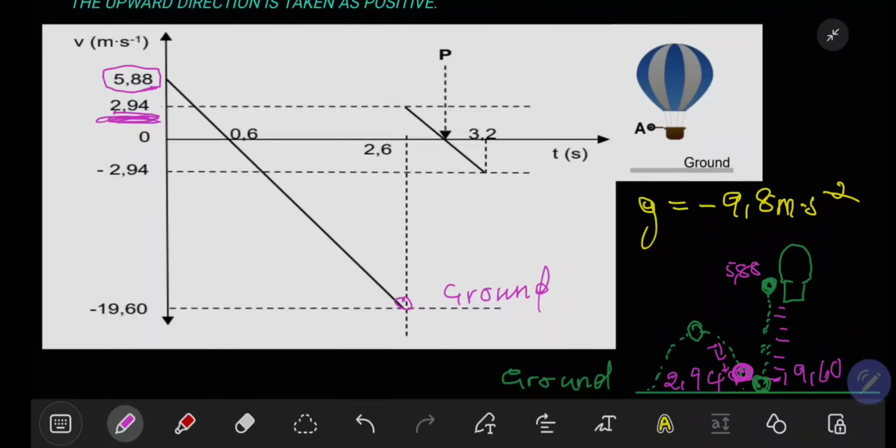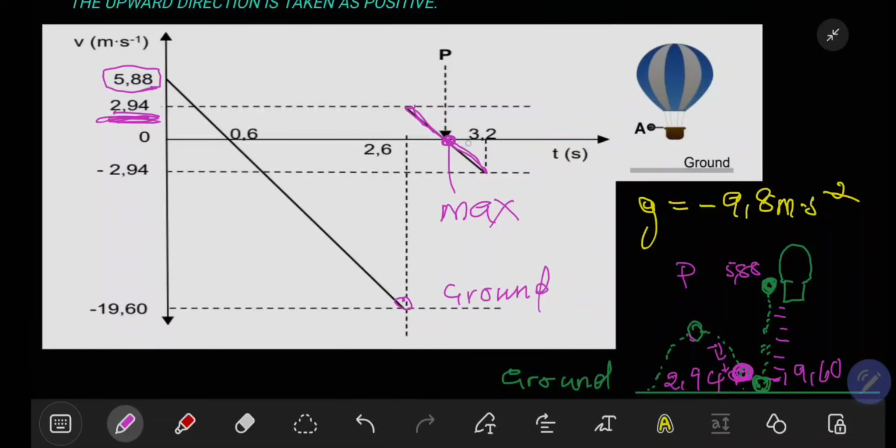So the velocity at which the ball leaves the ground is 2.94 meters per second. Then there is a point P where the slope intercepts the time axis, where the velocity is 0. Once it bounces off the ground, it will reach a velocity of 0 at time P. This is the maximum point, the maximum height above the ground.